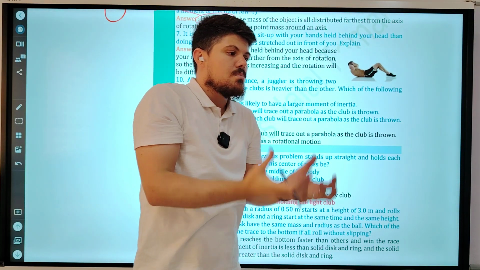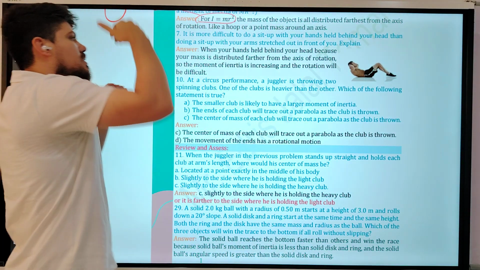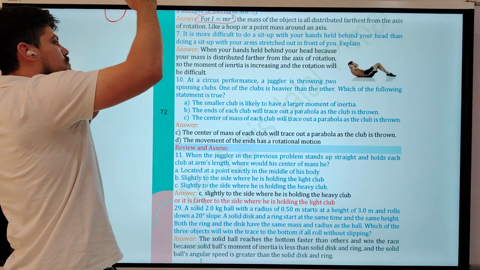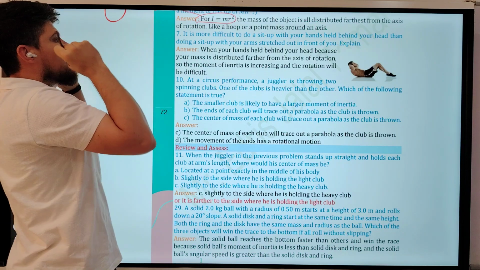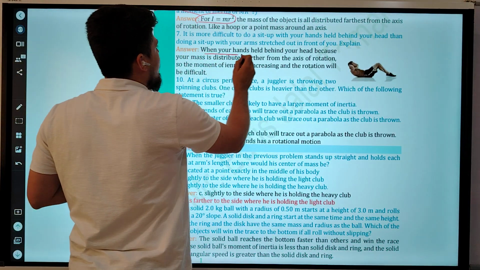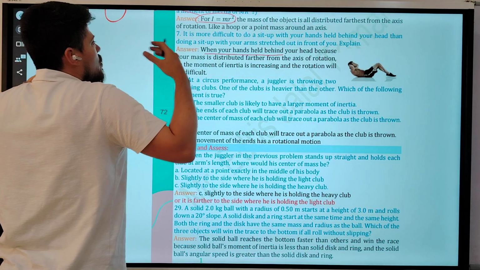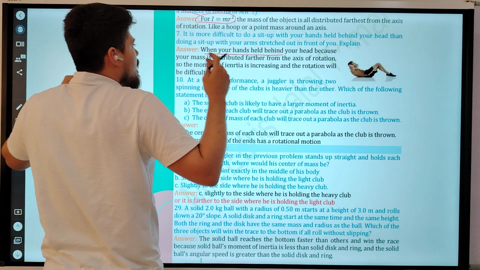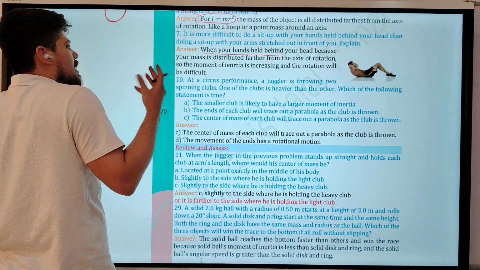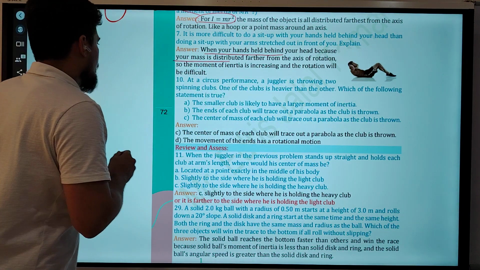So in that case, more mass is away from the axis of rotation. It means that the radius increases, moment of inertia increases, angular speed decreases, and it is difficult to sit up. Okay, so that is why when your hands are held behind your head, it is difficult to sit up. Why? Because angular speed is less, because your mass is distributed farther from the axis of rotation.